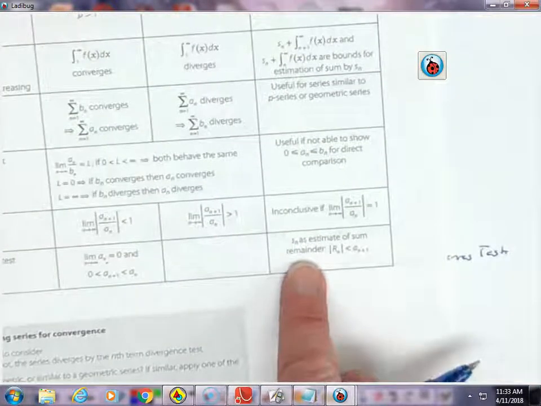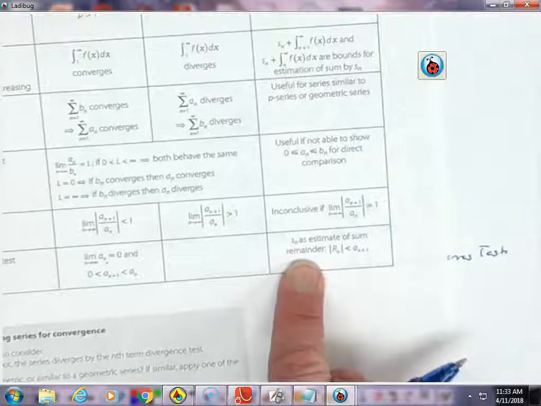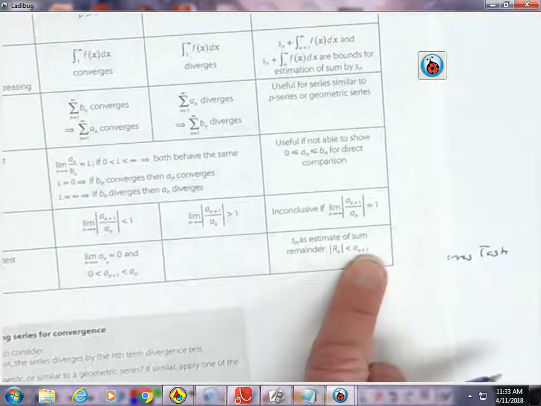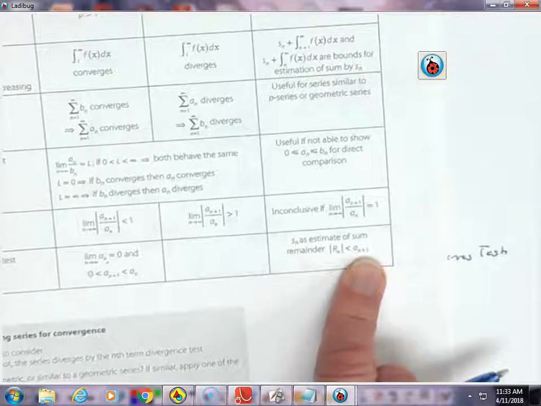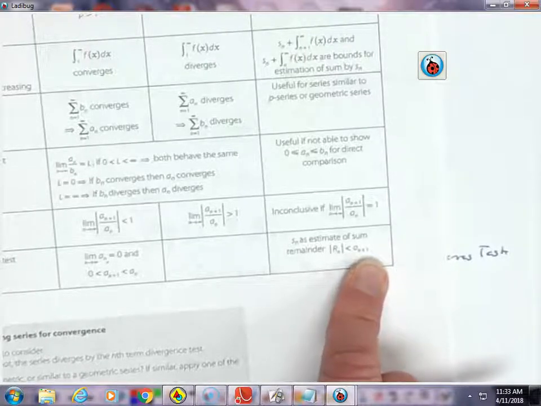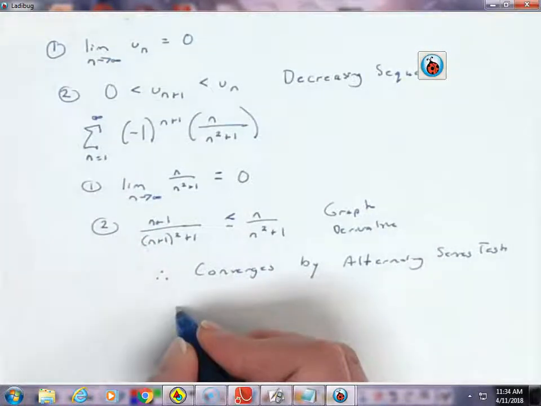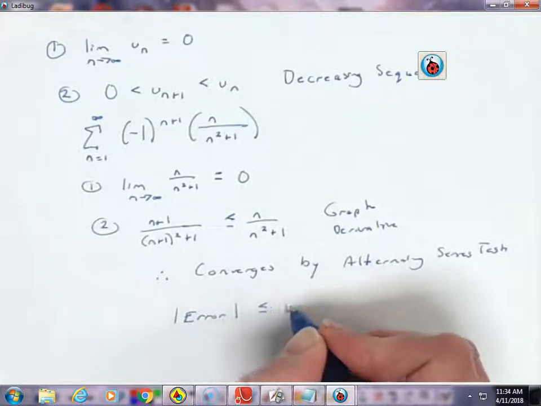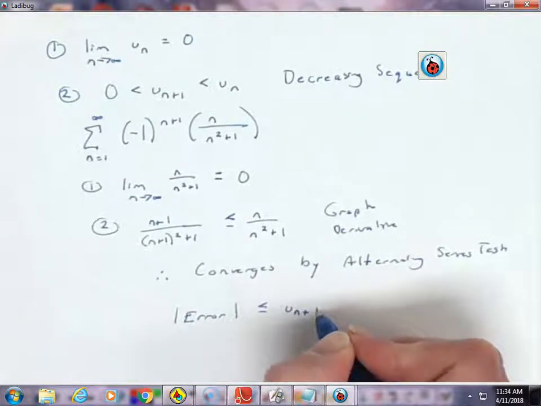Notice that it's reminding you that if you sum, just say the first 50 terms, then you know that your error for summing the first 50 terms will be less than whatever the 51st term is. Okay, so all you have to do to get an estimate of the error is know that the error will be less than the next term. So the absolute value of the error is less than or equal to the next term in the sequence.